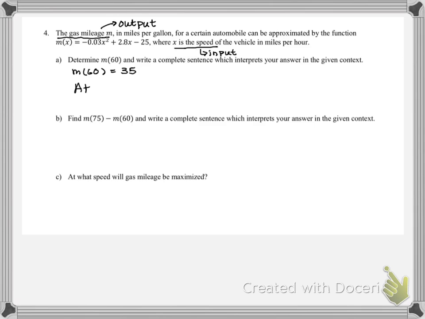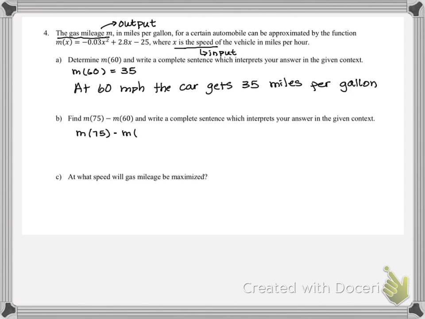So at 60 miles per hour, the car gets 35 miles per gallon. And then m of 75 minus m of 60 is, so we plug 75 in, we already plugged 60 in, and then we subtract them, and it gives you negative 18.75.